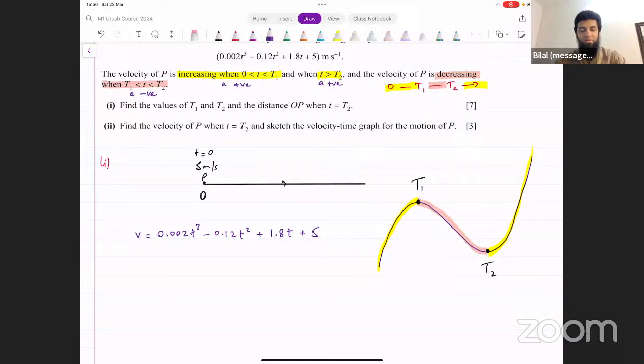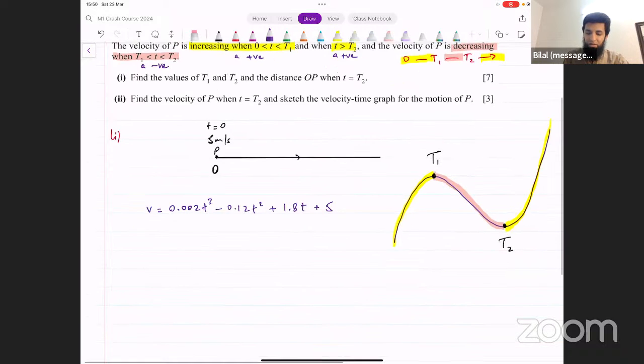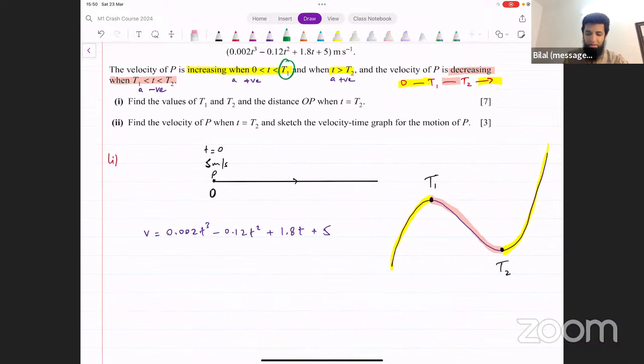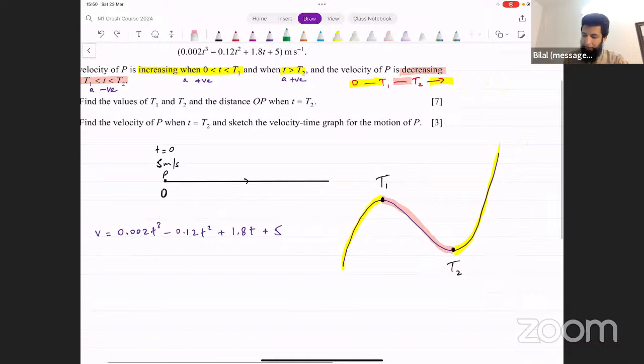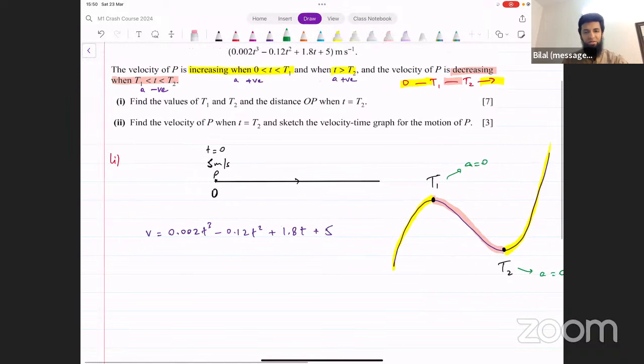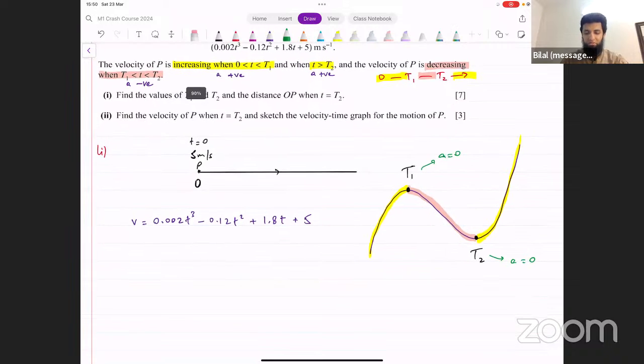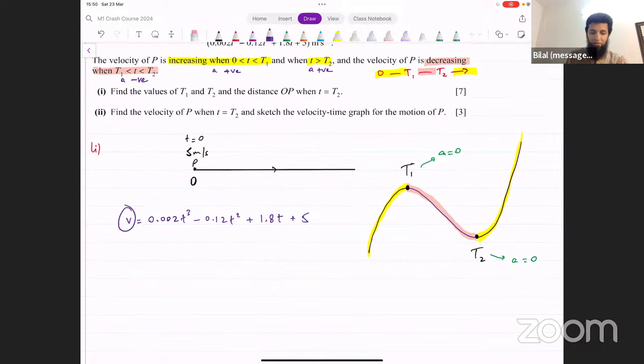Now between positive and negative, acceleration is going to be 0 at some point. So at t1, acceleration is going to be 0. And at t2 as well, acceleration is going to be 0. These are 2 points when acceleration is 0. How do you find acceleration? Acceleration is the derivative of velocity. So you could say dv over dt. That's also acceleration.